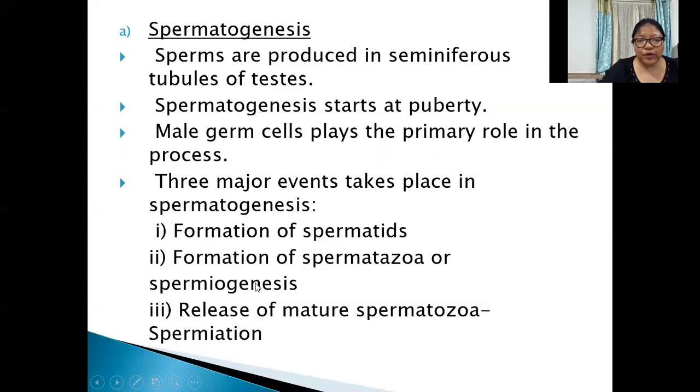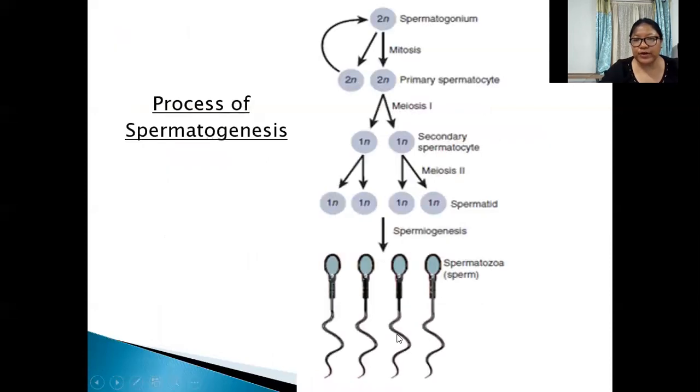Number two, formation of spermatozoa, which is also known as spermiogenesis. And the third event is release of mature spermatozoa, which is also known as spermiation.